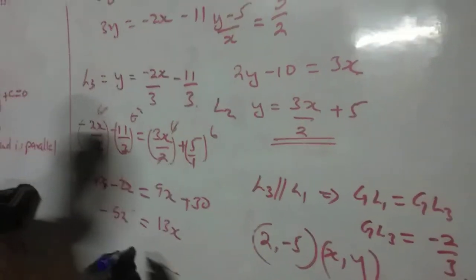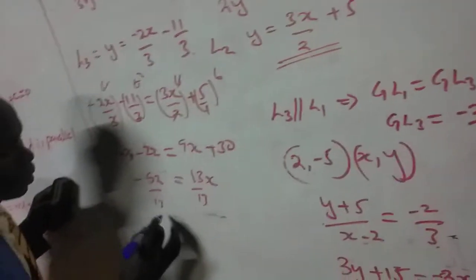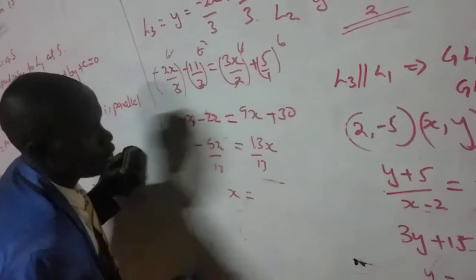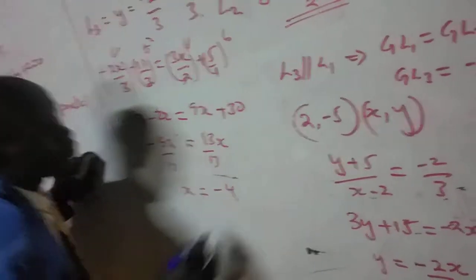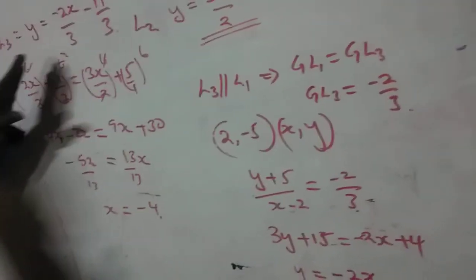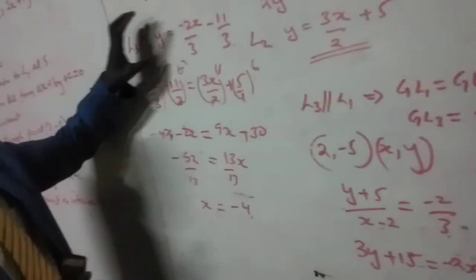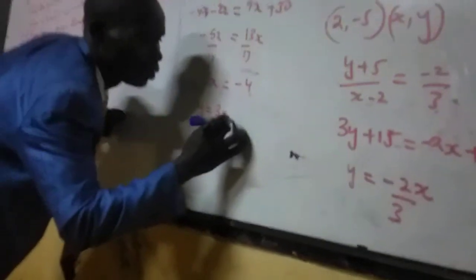We divide both sides by 13, and therefore x is equal to negative 4. So we can now find the value for y. We are saying y is equal to 3x over 2 plus 5, and x is negative 4.